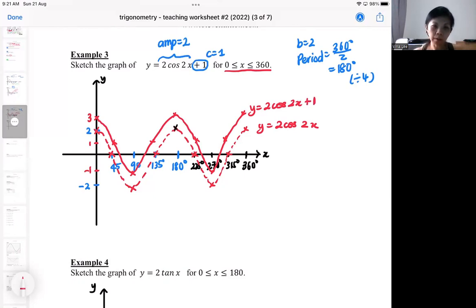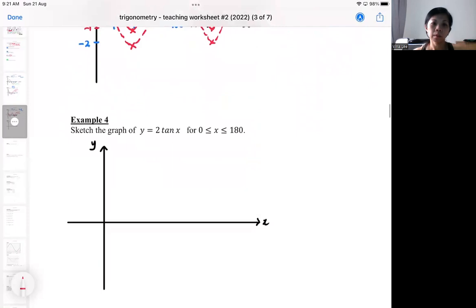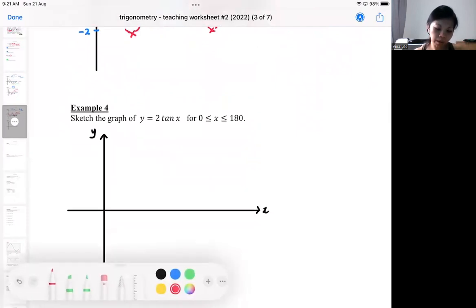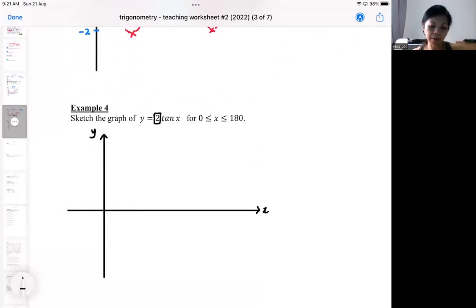Okay, then what about tangent? Okay, so tangent doesn't really have amplitude. But this part will be reflected in one of the special points. So the period here is 180. So you divide the period into 4 sections.